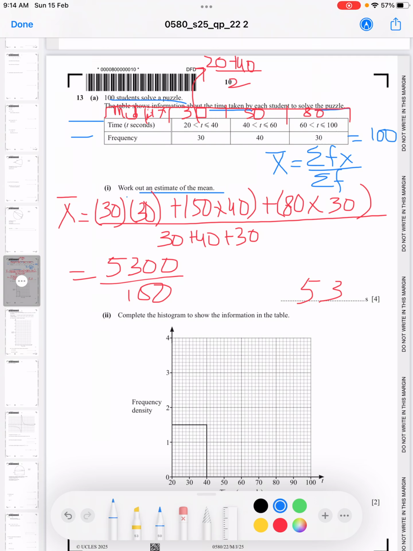Let's read it. Complete the histogram using the information in the table. So for the histogram we have frequency density, right? So in this table again we need to draw another row for the frequency density.